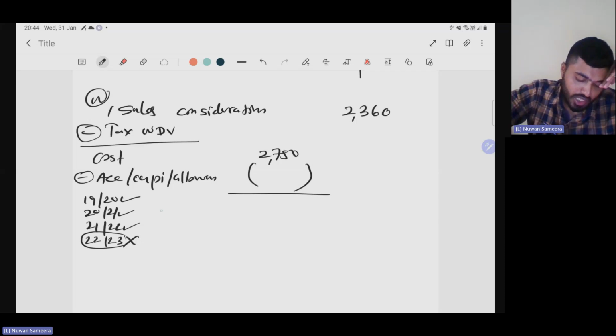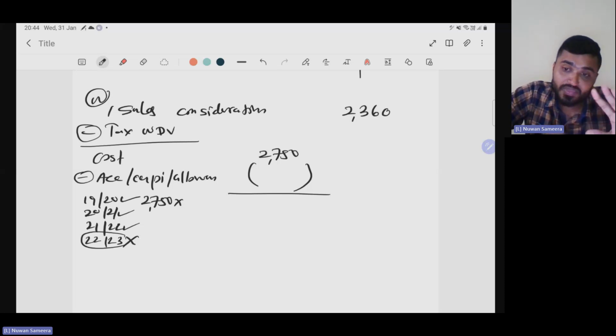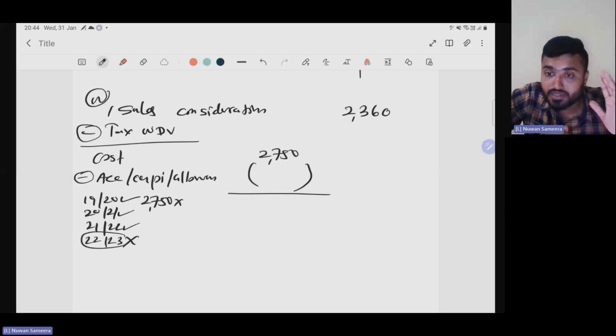According to that, using the straight line method, what is the applicable capital allowance rate? If the asset was purchased after 1st April 2018, that means the machinery, the useful lifetime is 5. So you can calculate the cumulative allowance like this: 2,750 divided by 5 and multiplied by 3.